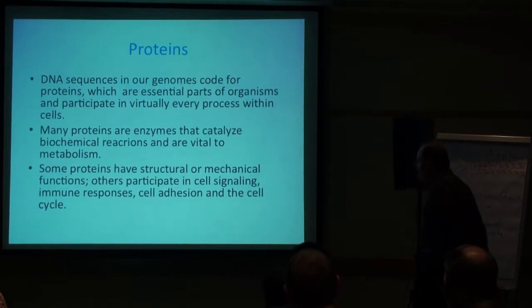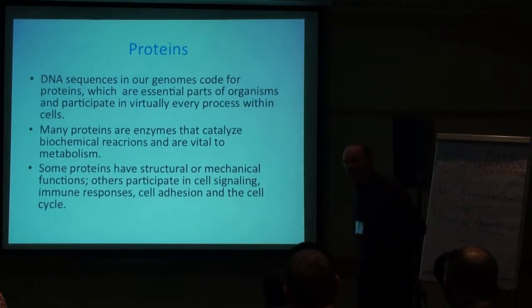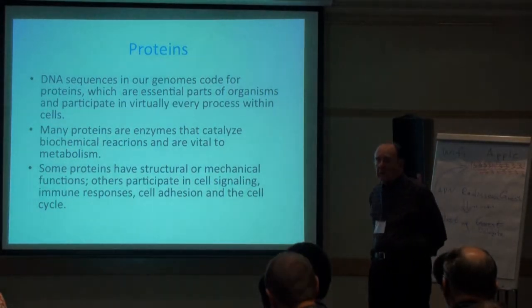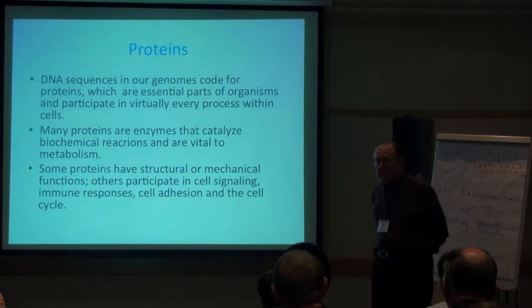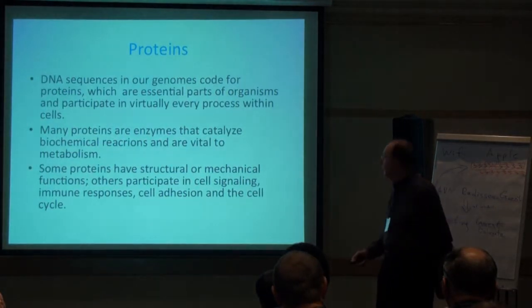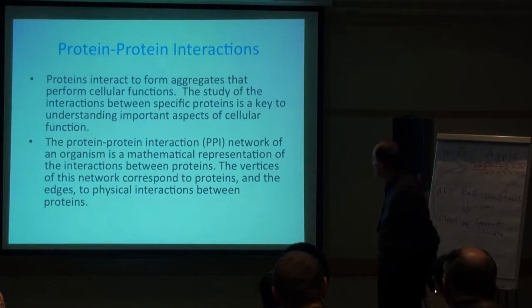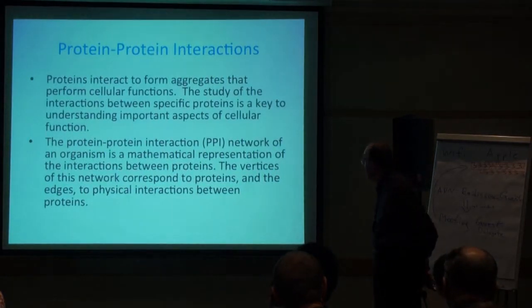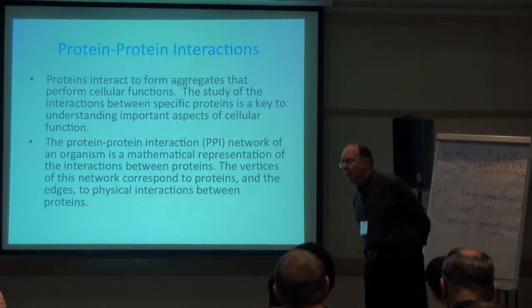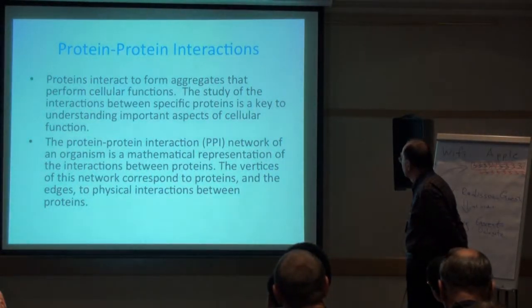So when we try to understand the regulatory mechanisms that take place in cells, we are to a large extent trying to understand how proteins interact coherently to make things happen. So proteins interact to form aggregates or collections of proteins that work together to perform functions in the cell.